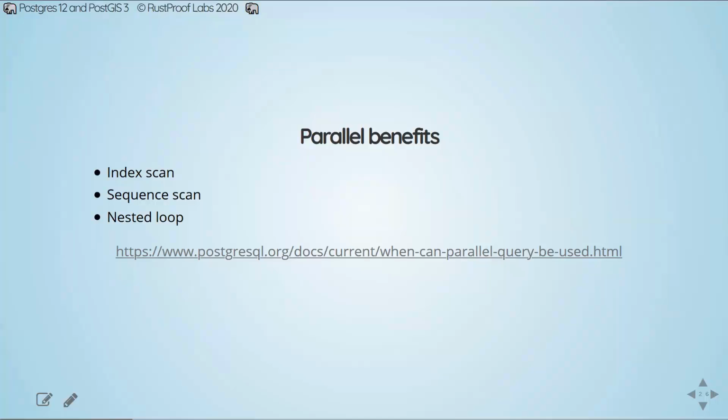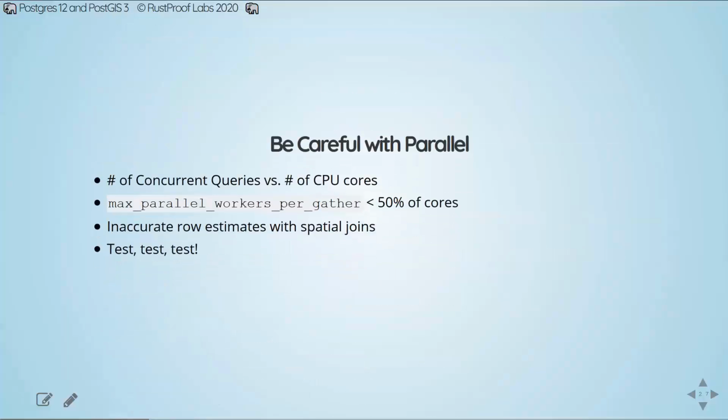And so anytime you see a high percentage of an index scan in a non-parallel execution, it's likely that enabling parallel query will help that particular step go significantly faster. But I recommend reading up on the docs to understand when parallel query will kick in and when it won't kick in, depending on what your query is actually doing.